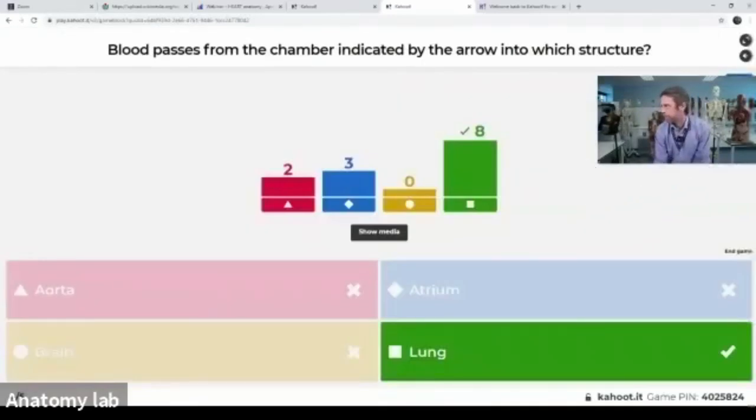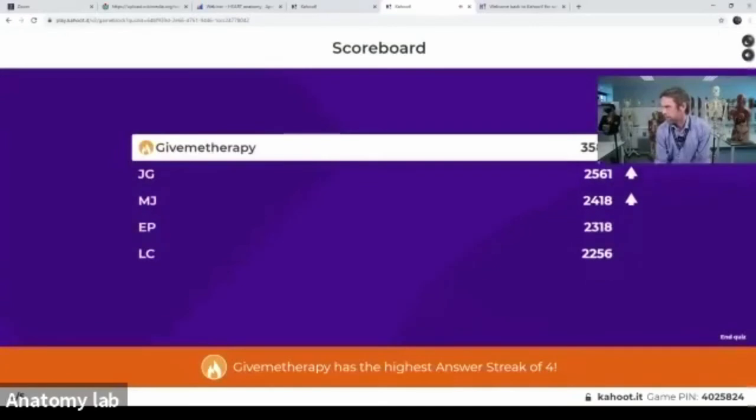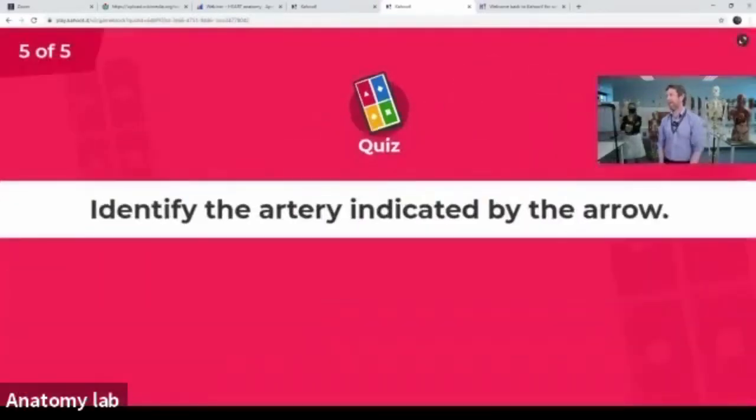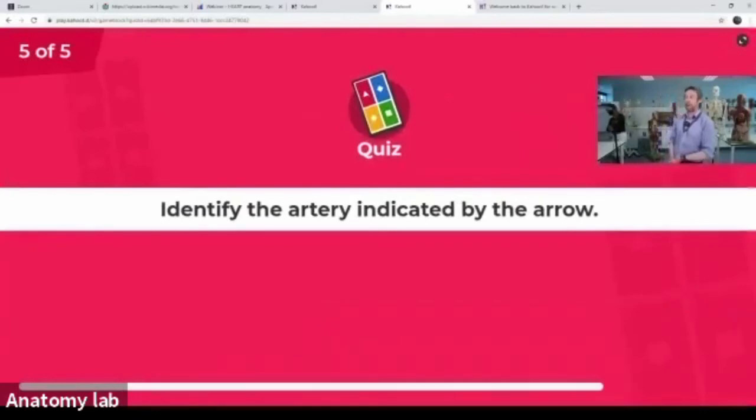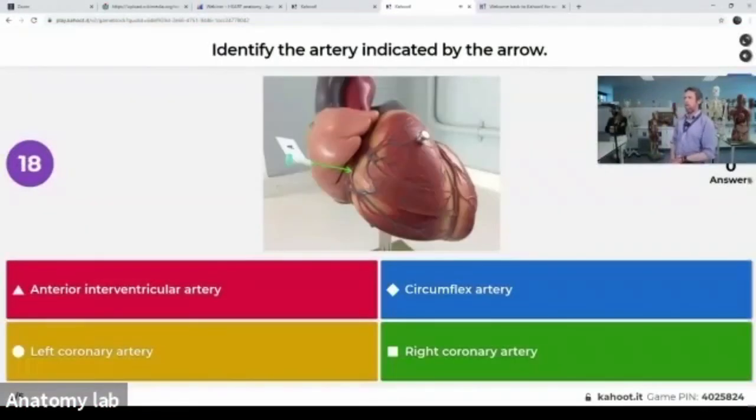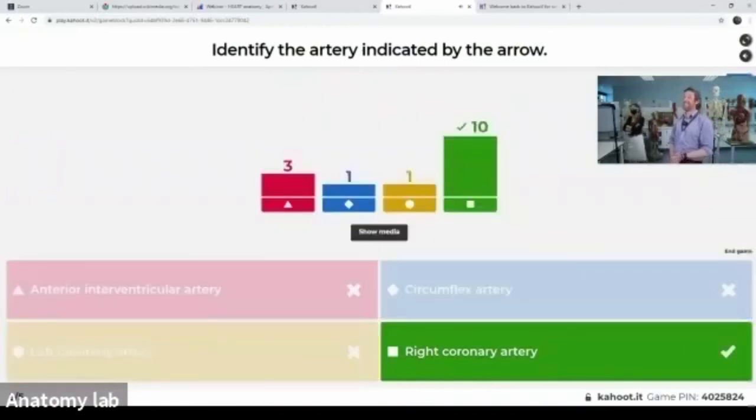Yes. Oh, that's a strong leader. 5, identify the artery indicated by the arrow. See, it's easy when you know, isn't it?